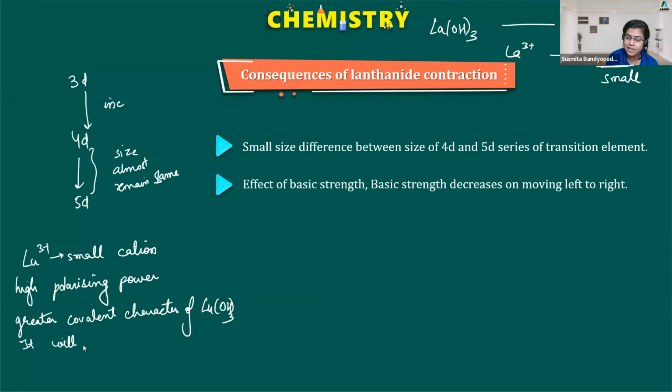Covalent compounds will not be that soluble in aqueous polar solvents like water. It will not dissociate effectively, and it will not produce sufficient OH- for basic strength. This way also you can think. Small size, high polarizing power, greater covalent character, it will not be that effectively soluble in solvents like water.